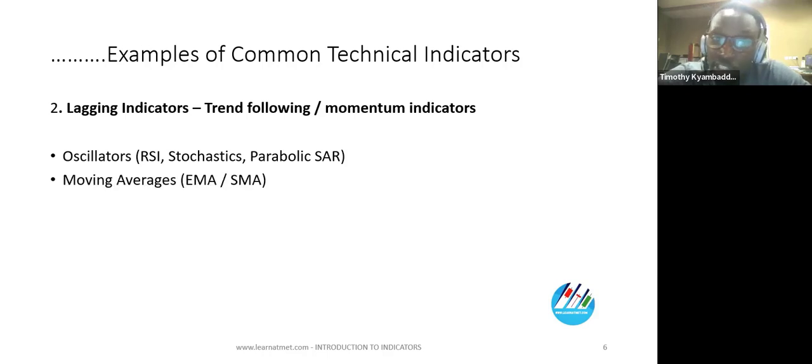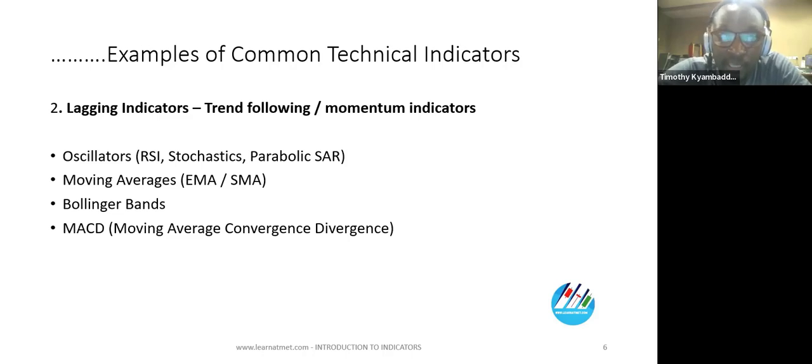We have the moving averages, the EMAs and the SMAs. EMA is exponential moving average, and SMA is simple moving average. We have the Bollinger Bands, and we have the MACD. These are just examples. There are very many more types of indicators out there, both leading and especially lagging indicators.